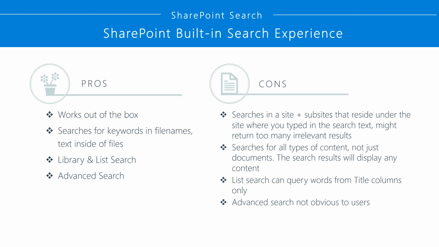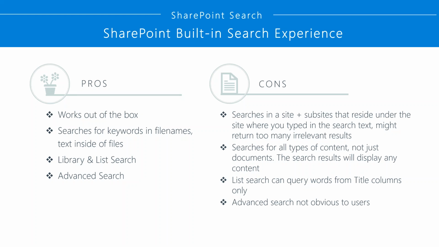But since the search engine runs through all the site and subsites, you might be getting too many irrelevant results. And it also searches for all types of content, not just documents.